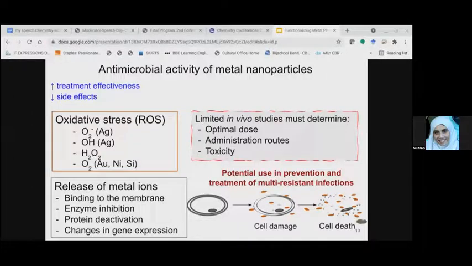The first is oxidative stress by generating free oxygen radicals, and the second is through non-oxidative mechanism with the release of metal ions that bind to the membrane and other cell components, leading to cell death.